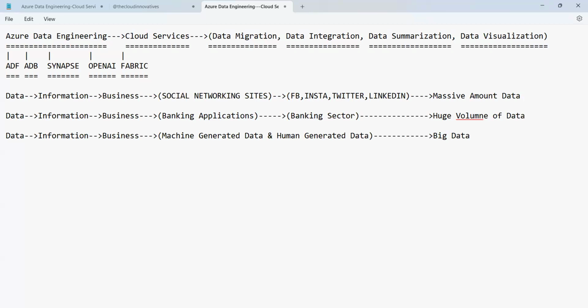It can be either the data generated at the social networking sites level, or the data generated by the banking applications, or the data generated by the machineries, or the data generated by the human. Apart from this, it is also called big data.